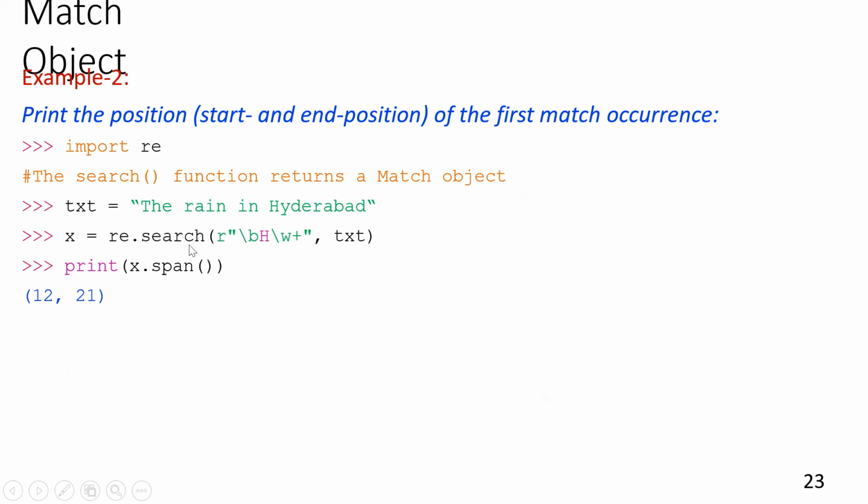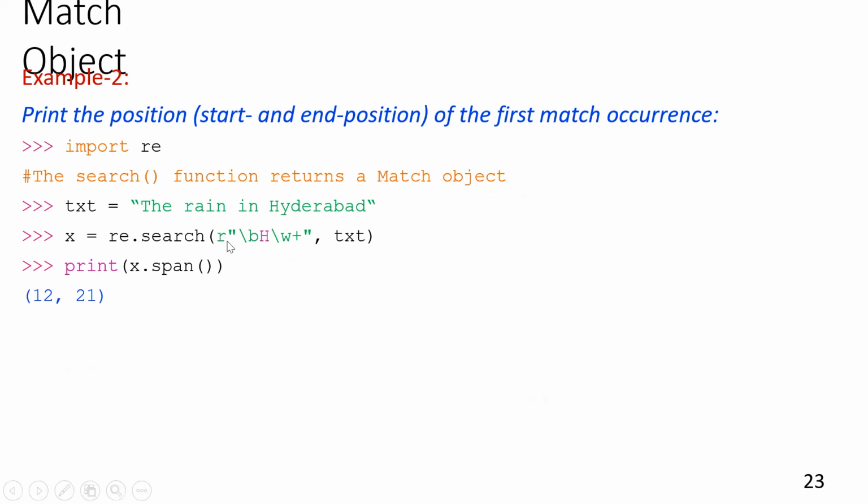Next, even in the search method, we can use all the meta characters, special sequences, and sets, and we can extract this pattern. Here in this search method, in the raw string, I am using \b. \b is used in regular expressions to find whether the character or the string is at the beginning or at the end of the word.